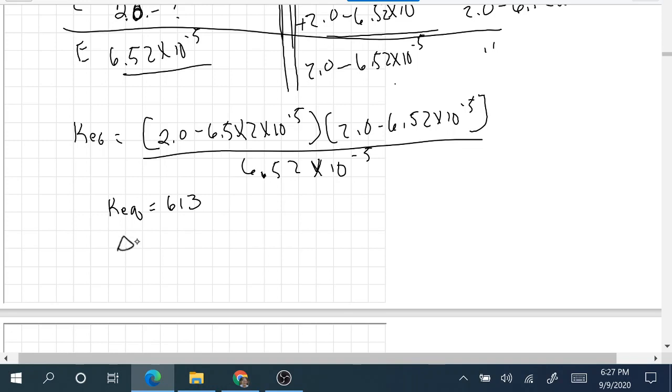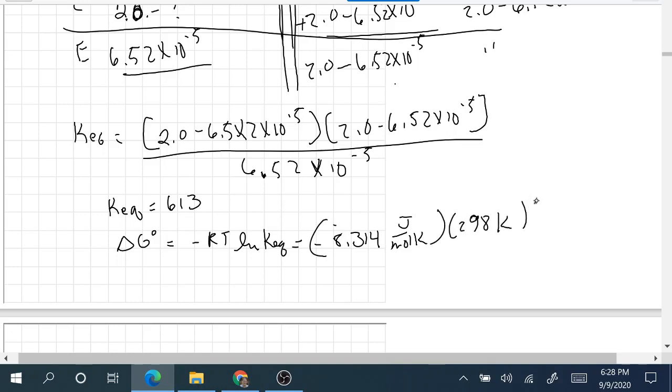So our delta G naught we can calculate as negative RT ln of Keq, which is equal to negative 8.314 joules per mole Kelvin times 298 Kelvin times ln of 613, which is equal to negative 15.9 kilojoules per mole.